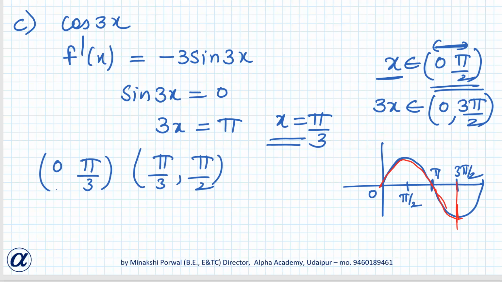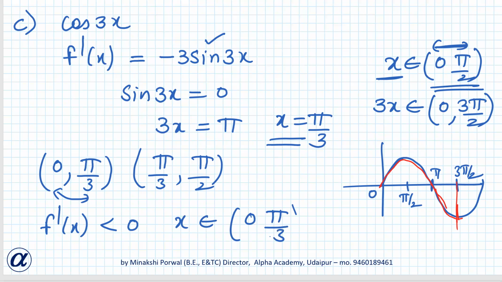These are actually values of x, not values of 3x. When x is between 0 and pi by 3, the value of 3x will be between 0 and pi. In 0 to pi, sin is positive, so minus sin 3x will be negative. So in the interval 0 to pi by 3, f'(x) will be less than 0, and the function will be a decreasing function.